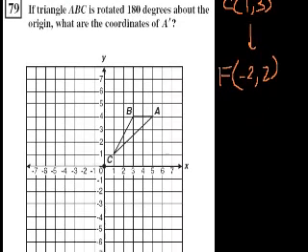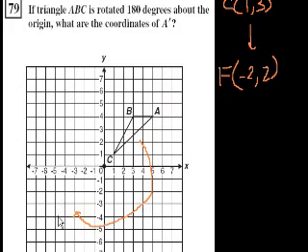Problem 79. If triangle ABC is rotated 180 degrees about the origin, what are the coordinates of A prime? Okay, so we're going to rotate this thing 180 degrees. We could worry about all the coordinates, but they just want to know where A prime is, wherever A sits after we've rotated it.